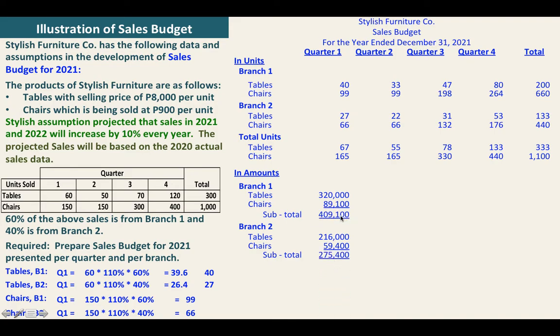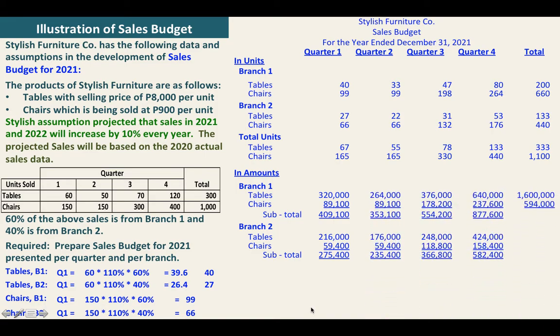You can put here the subtotal, and doing the mathematical calculation, you have these amounts. In total amount, you can segregate tables and chairs. It's best that you do a subtotal for tables and chairs in amounts, because this is meaningful. So you will know that the sales for branch 1 for quarter 1 is 409,100, and for branch 2, it's 275,400.